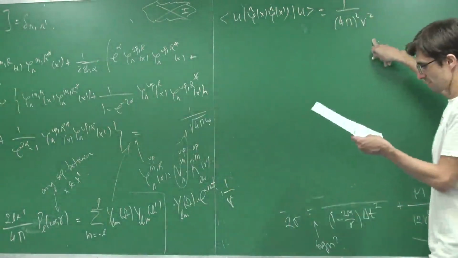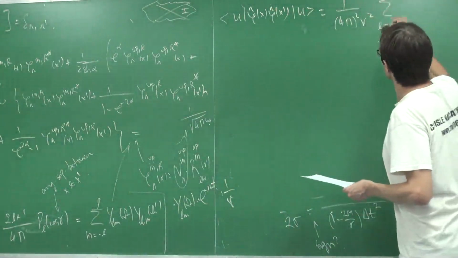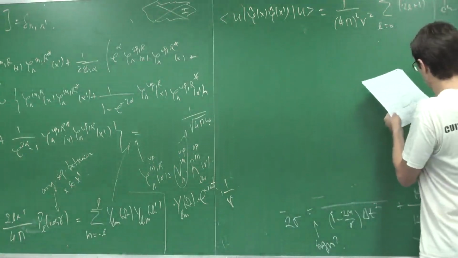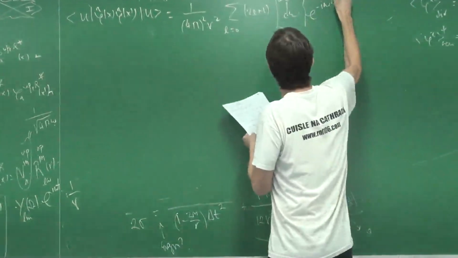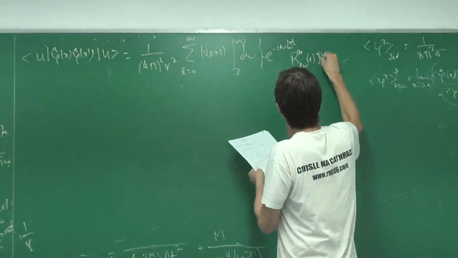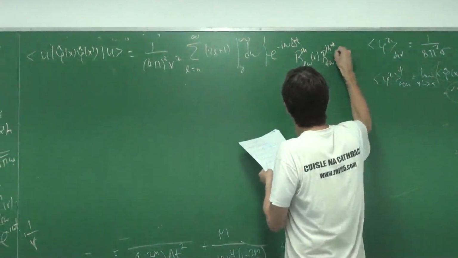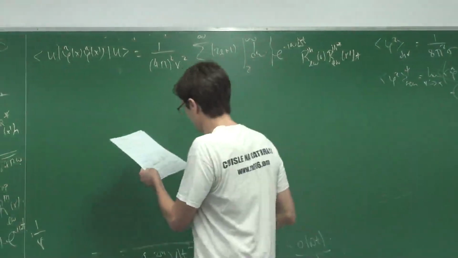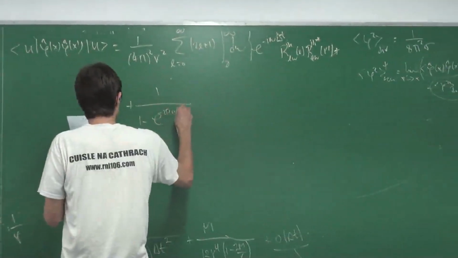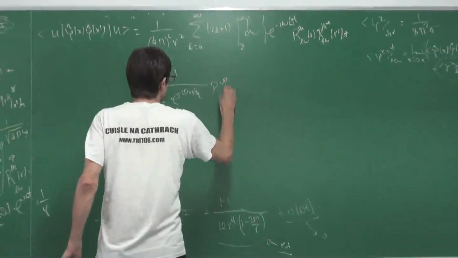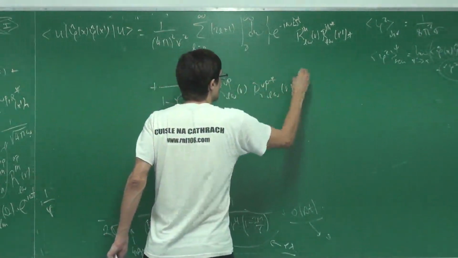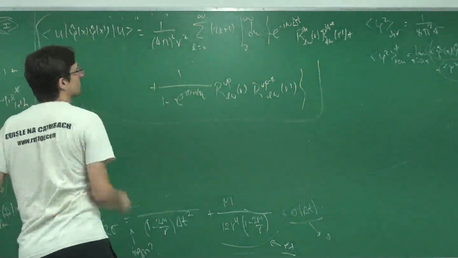So r squared from this, and then the sum from 0 to infinity of 2l plus 1, exponential of i omega delta t, phi in or up, l omega r. That's a very important expression.